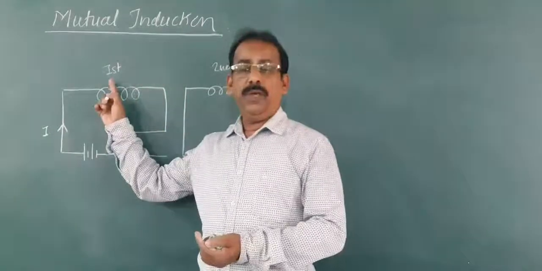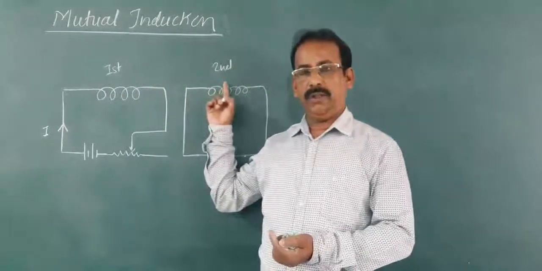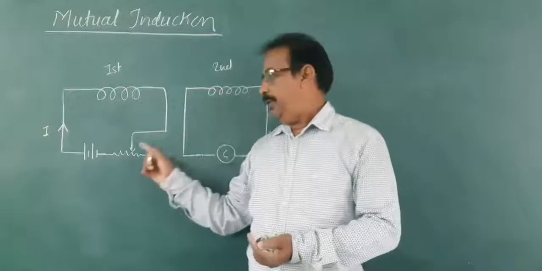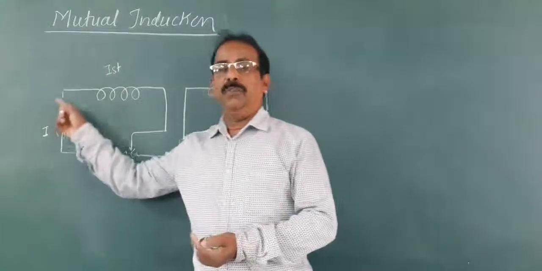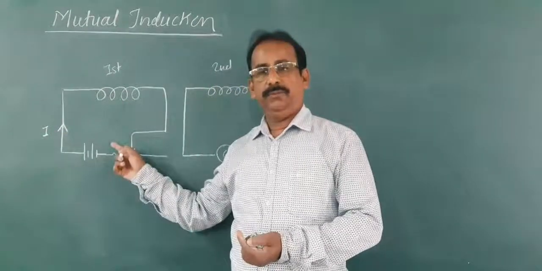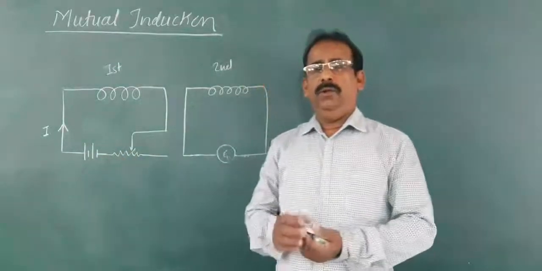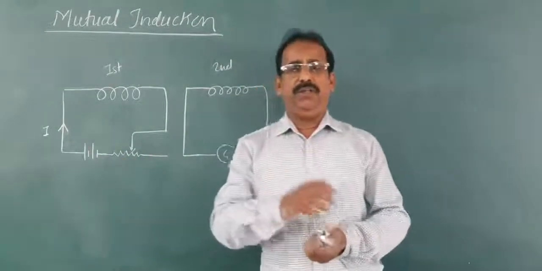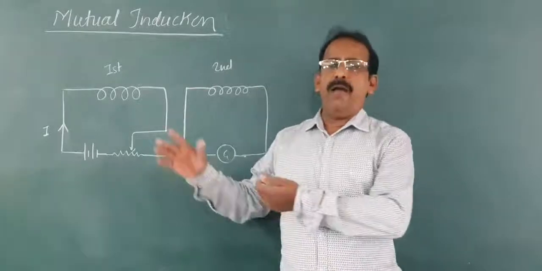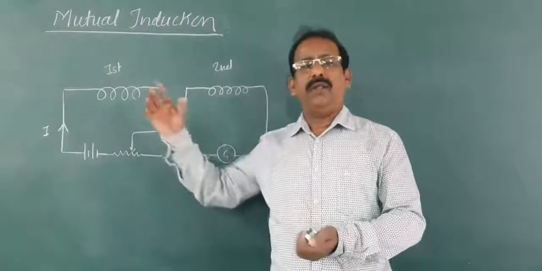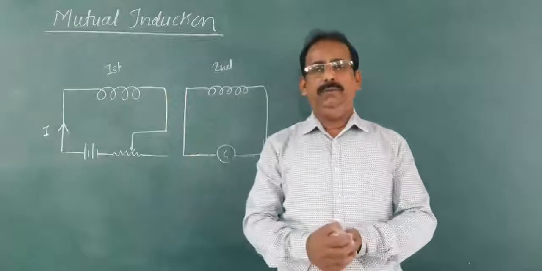This is the first coil, this is the second coil. We are changing the current passing through this first coil. The coil in which current is changing is our primary circuit. That coil is called the primary coil.